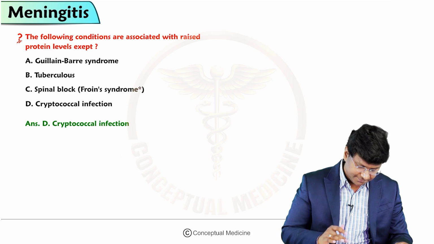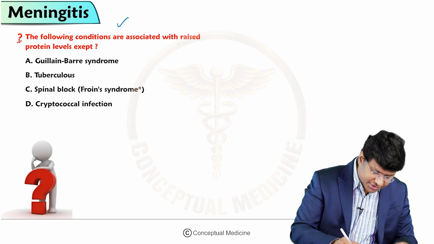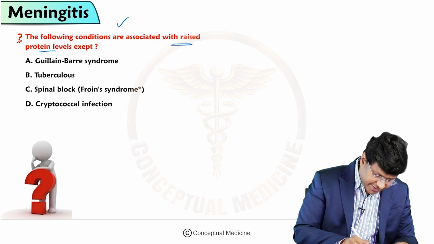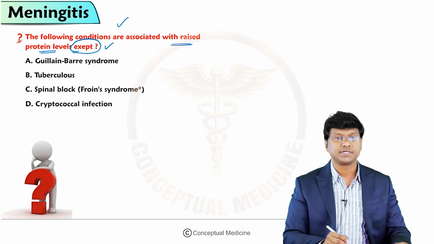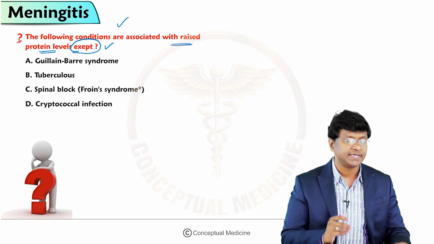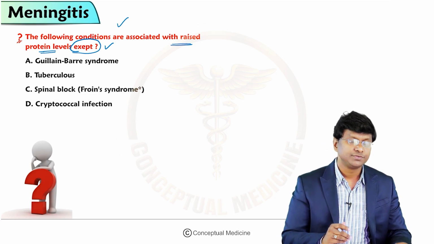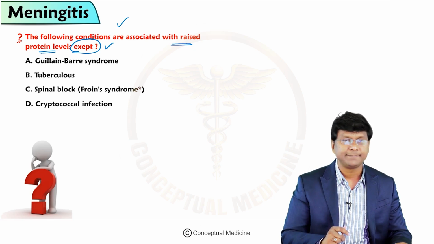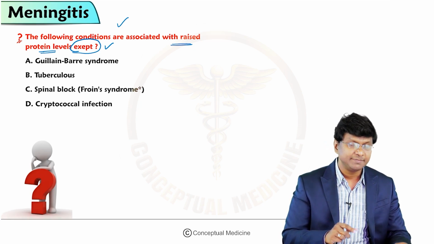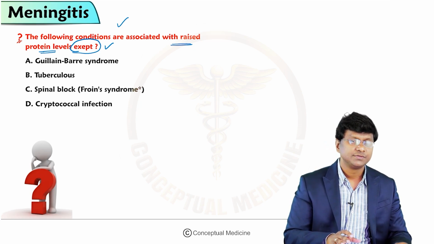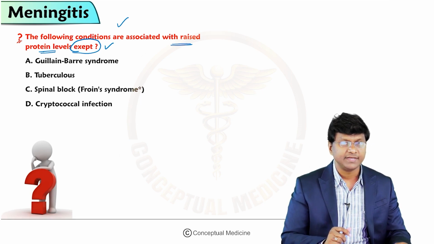Now, one more question. The following conditions are associated with raised protein levels except Guillain-Barré syndrome, tuberculosis, spinal block, the cryptococcal infection, right? That means in which of the following conditions they don't have raised protein levels.